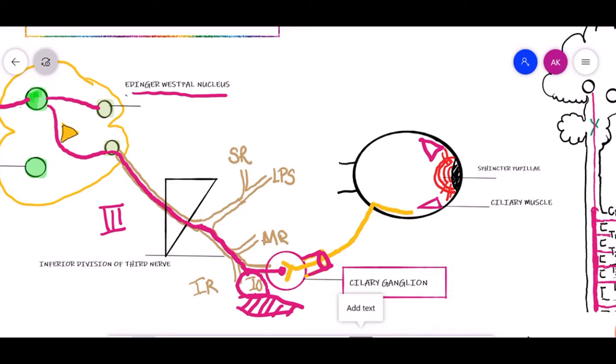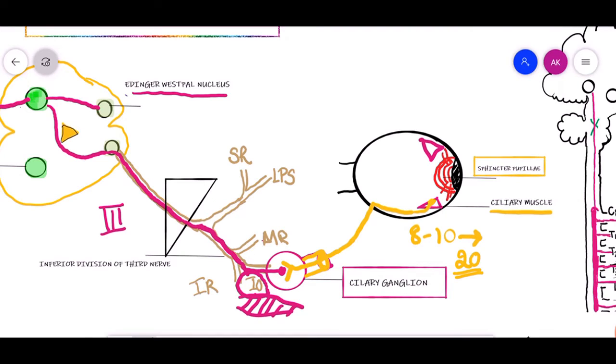Now the short ciliary nerves are actually about 8 to 10 in number, which will further subdivide and form almost about 20 in number. So 20 short posterior ciliary nerves can be present, and the short ciliary nerves will go traveling between the sclera and the choroid and will be supplying two basic muscles. Number one is the ciliary muscle, and number two is the sphincter pupillae, which will cause constriction of the pupil.